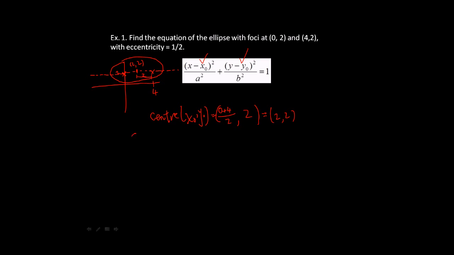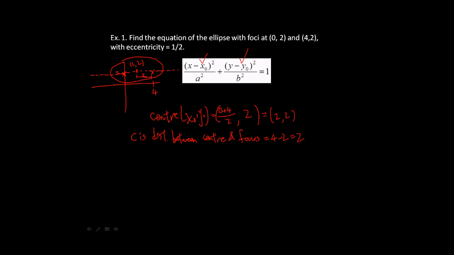So I'll just write it here. C is the distance between the center and one of the foci points. Which is equal to, say, this 4 minus 2 equals 2, right?